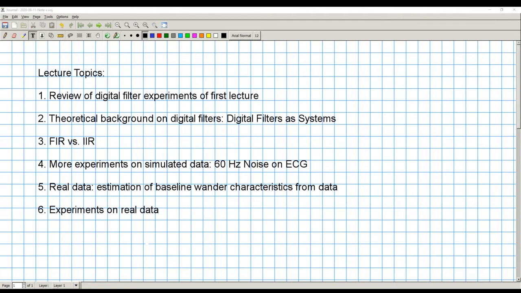So we're going to do some slightly more advanced simulations, where we simulate a 60 Hertz noise on ECG. Last time we simulated two sinusoidal signals added together and filtered one out of the mixture. Now we're going to have a simulated 60 Hertz noise on ECG.